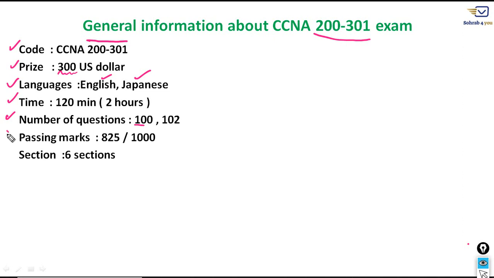Passing marks: the maximum is 1000, and from 1000 you have to get 825. If you get 825, it means you pass. For example, 850, 860, 890, it's fine. If you get below 825, suppose you got 820, fail.